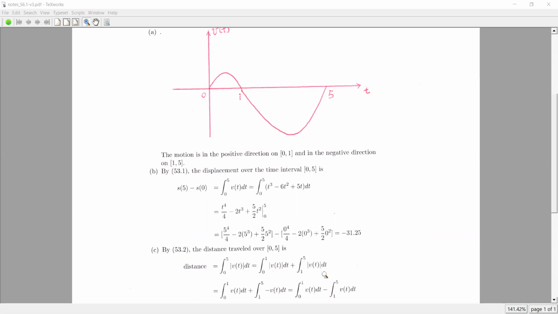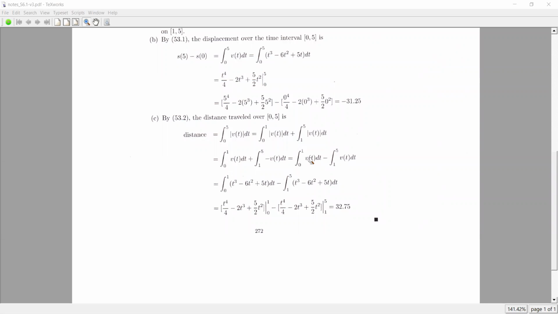So when we remove this absolute value, we need to add a minus sign here. Velocity is negative. Negative times negative, it is positive. Now move this negative sign outside this integral. Then we have this equation.